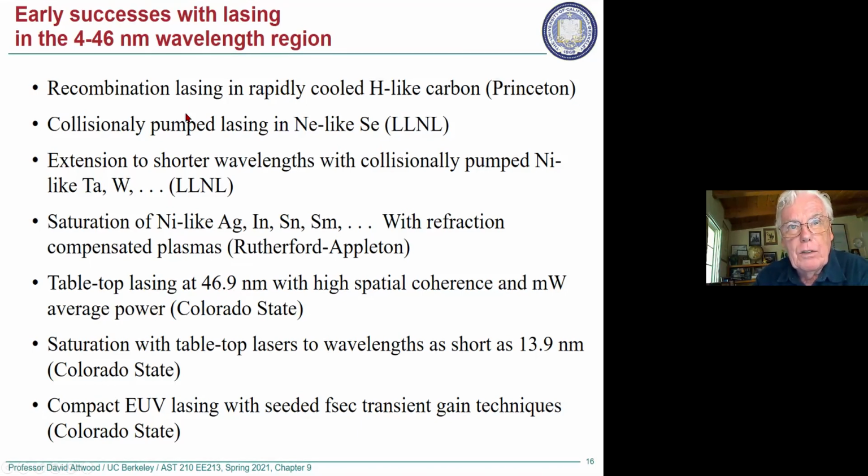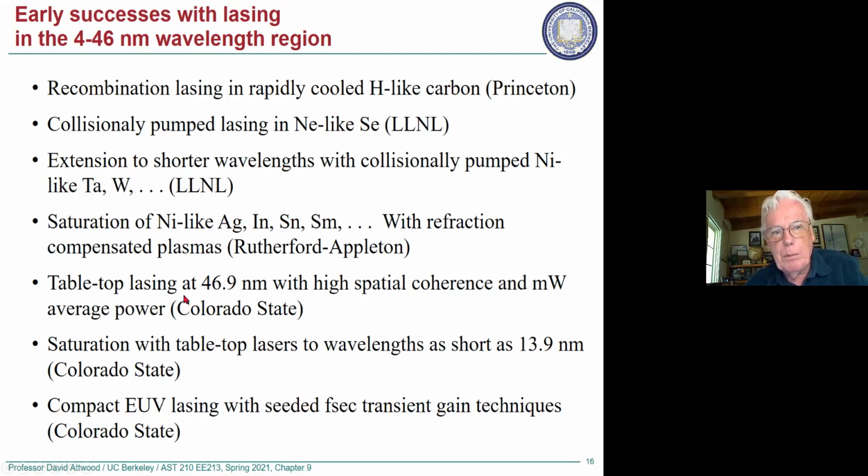By the way, these facilities, for instance, the hydrogen-like carbon at Princeton, was a big university laser lab, but the Lawrence Livermore ones are the size of a football field, and also at the Rutherford Appleton. So these were mostly big facilities.